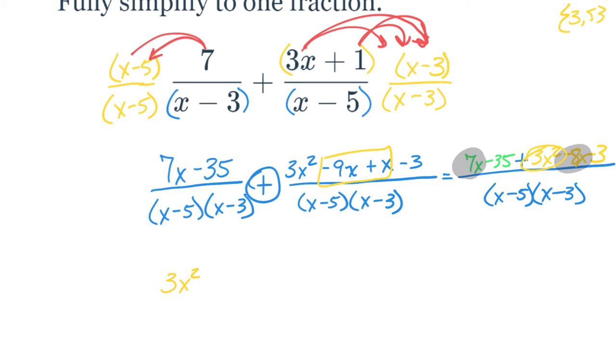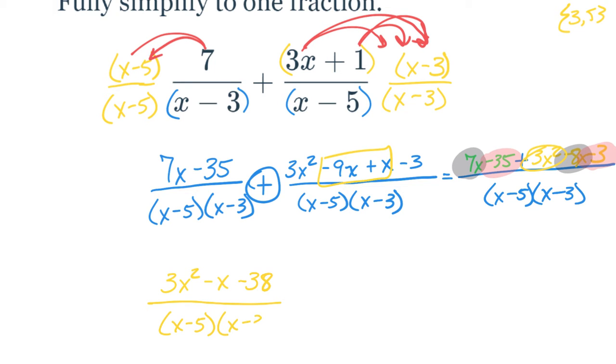And we have 7x minus 8x, which is negative 1x. Look for any other like terms. Well, negative 35 and negative 3 do make negative 38. And then we will rewrite our denominator this way.